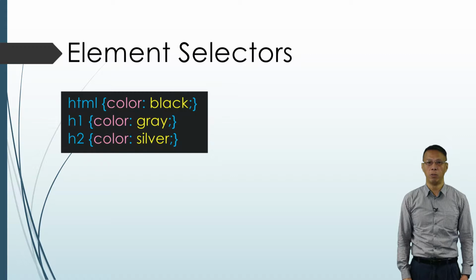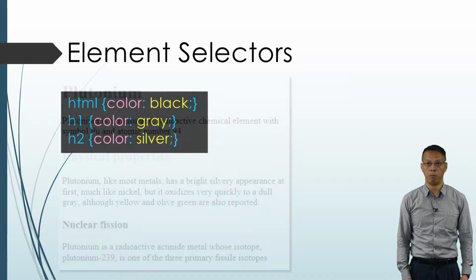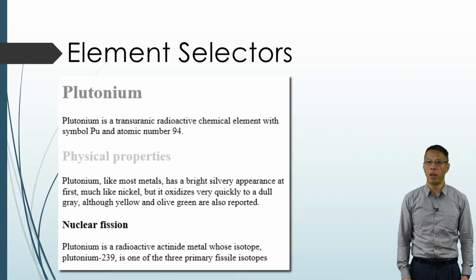Now again, we'd like to look into more details about the selectors for the elements. In this example, we have three declarations, three rules. HTML element is defined with the color black value. H1 is with the color gray, and H2 is with the color silver. At the end, we have all the display shown on the screen.